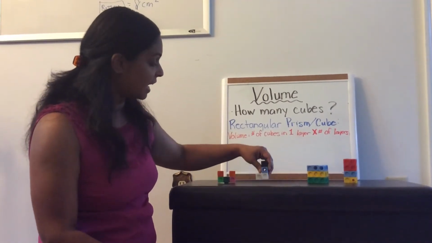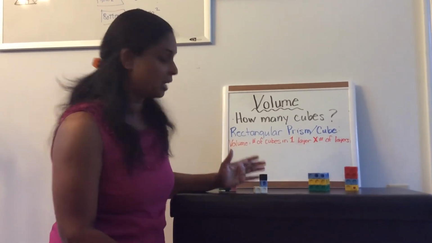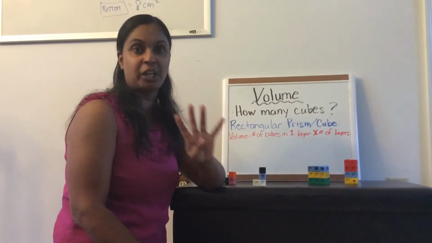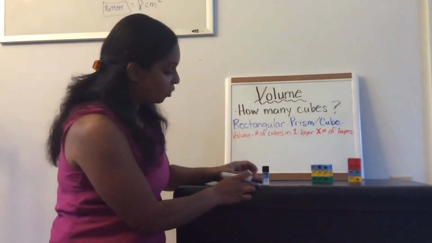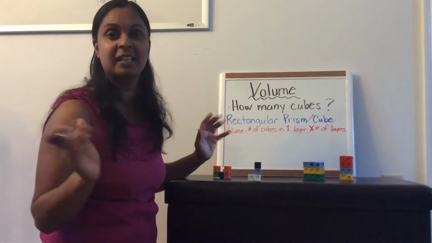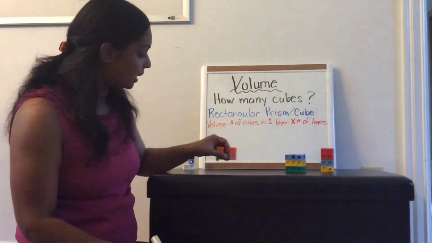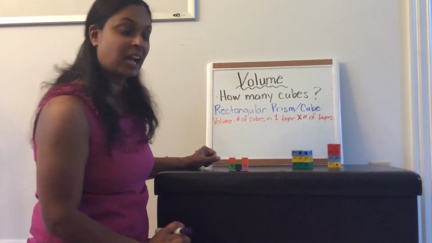So let's look at this L shape here. Probably most of you can just have a look at that and tell me that it takes up 4 cubes of space. So the volume of this is 4 cubes. 1, 2, 3, 4. I'm just counting the cubes. Here's another one. Again, 1, 2, 3, 4, 5, counting the cubes.